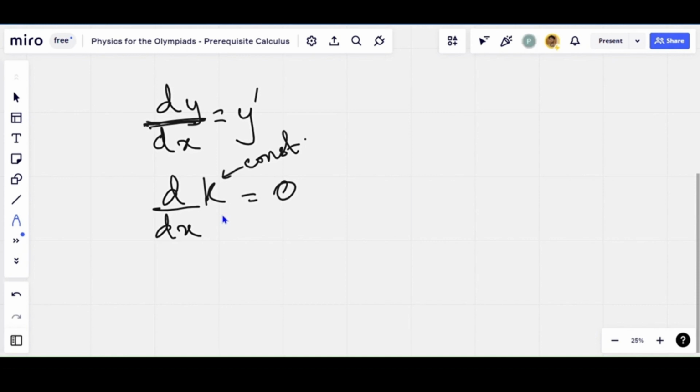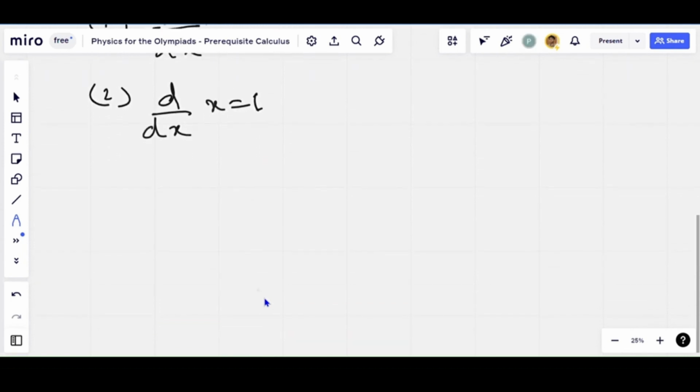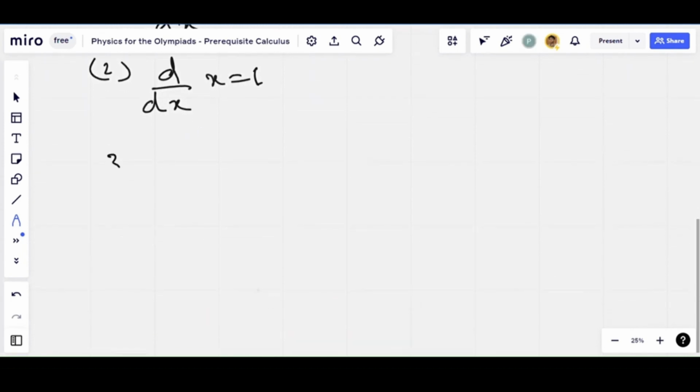So next is dx by dx is equal to 1. Here the function is x itself, and this is fairly intuitive as x will change with x at the same rate. So the derivative will be 1. The next is d kx by dx is equal to k.